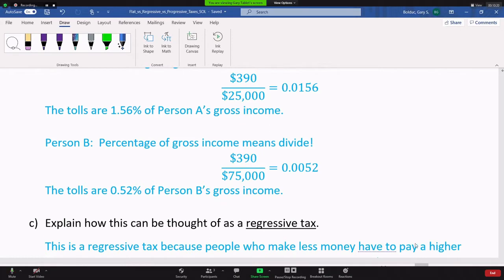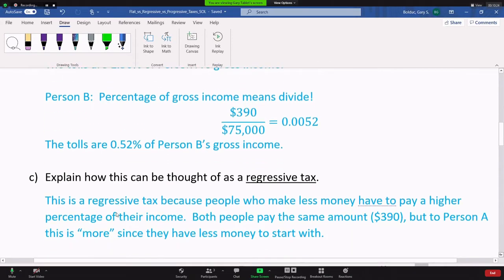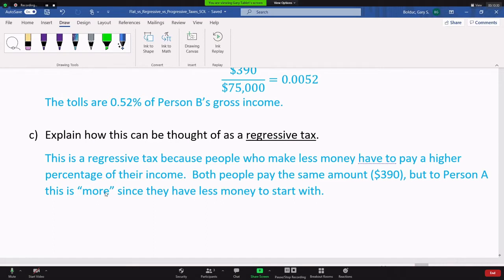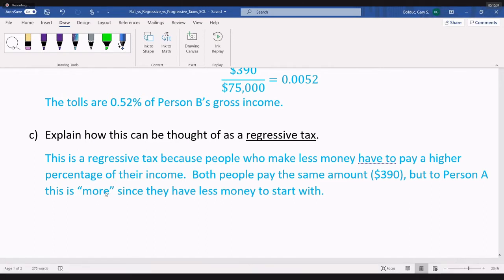This is going to answer our question C. To person A, this tax is, and I put in quotes, "more" here, because while it's the same amount you have to pay, $390 for both people, probably in change or Easy Pass, it is given to New York State or the local municipality for taking care of the bridge.